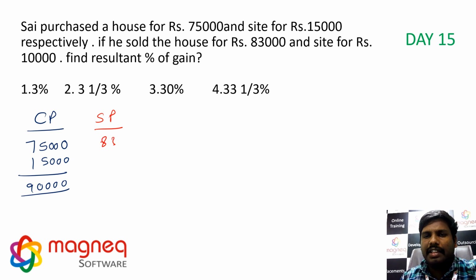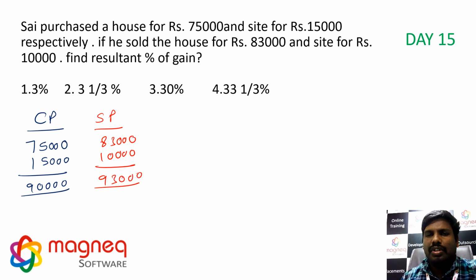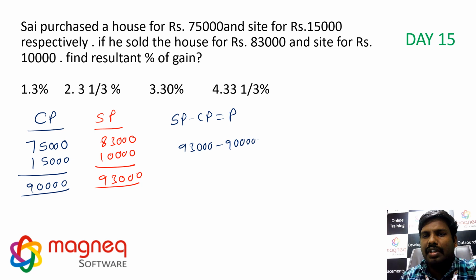Selling price 83,000 and 10,000, so total 93,000. Selling price is higher than cost price, so selling price minus cost price equals profit. 93,000 minus 90,000 equals 3,000. Profit 3,000.